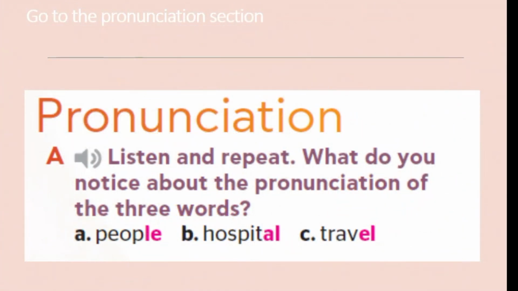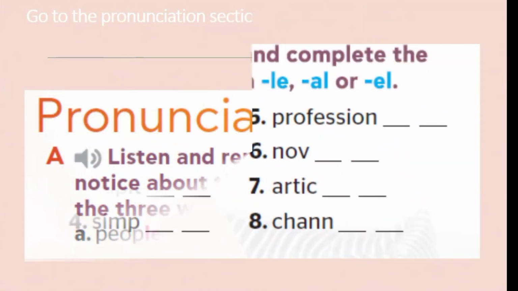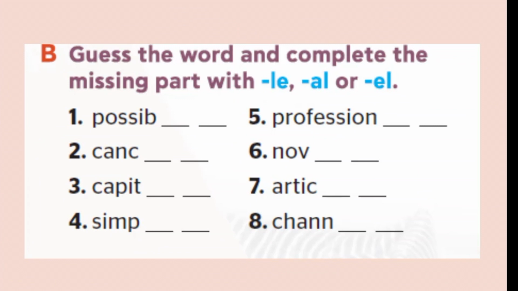So these are examples. Now my students, we're going to move on to the final task and the final exercise which follows the grammar. That's to guess the word and complete the missing part.